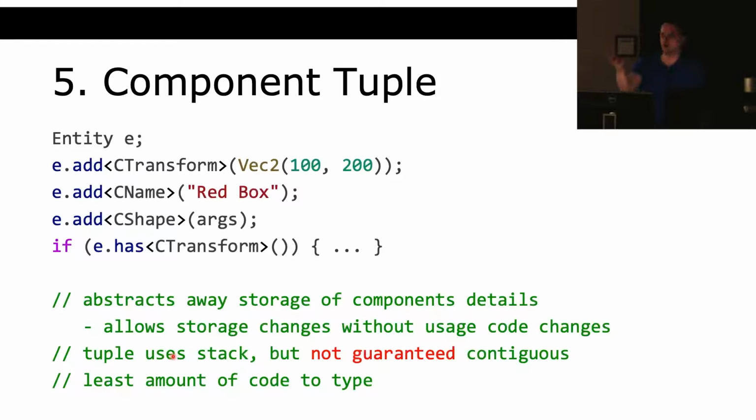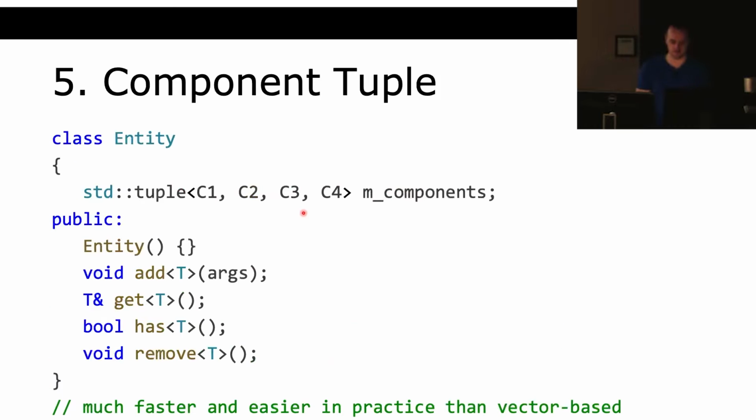The tuple is on the stack, so that's good. These things are probably going to be contiguous in memory, but I looked up last night, the C++ standard does not guarantee that these things are contiguous in memory. But it is very likely that if you're using primitive or raw data types, which we're going to be using for these components, they'll be very close together in memory, which is nice.